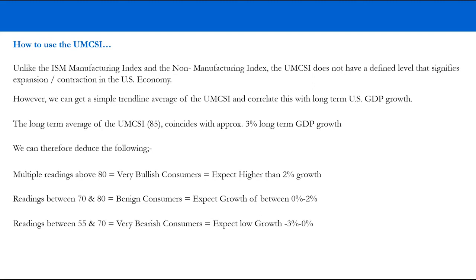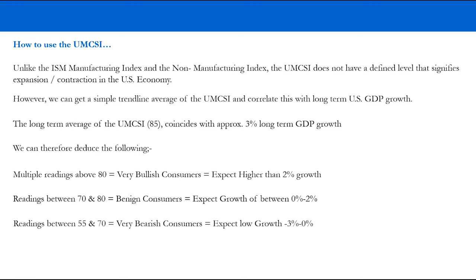If the readings of the University of Michigan Consumer Sentiment Index are above 80, then it means we've got bullish consumers. We can expect higher than 2% GDP growth. Readings between 70 and 80 are benign consumers, so they're neither bullish nor bearish, and we can expect a growth rate of between 0 to 2%.